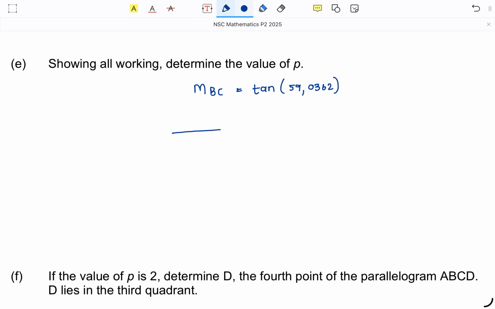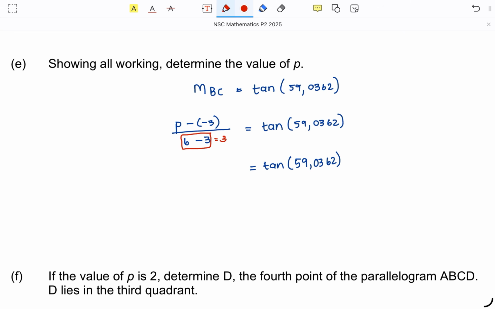Then on the left, I am going to do the gradient formula. And I'm going to substitute everything that I have on my diagram, or that I can see. So it would be y minus y over x minus x. On the next line, you can simplify, but I know that at the bottom, this is equal to 3.